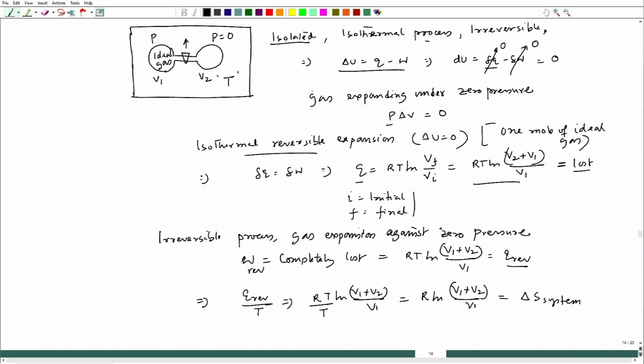So, this is the entire system, the isolated system. There I could see this is my entropy change, and this entropy change is nothing but Q reversible by T, and we get this amount. So, that means the entire work that is lost converts to something which is not available for doing work.